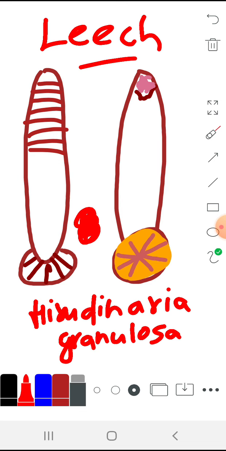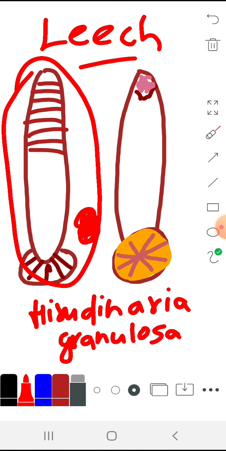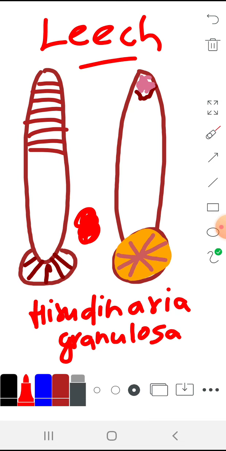So now we are going to discuss further the external morphology of the leech. So what is that? Shape and size. What is the shape? The body of the leech is, first of all, soft. Then it is vermiform.